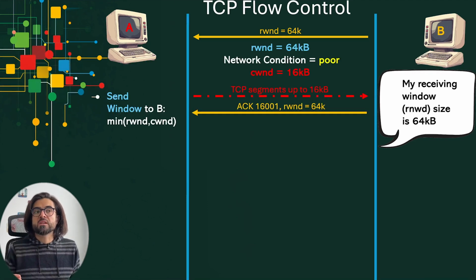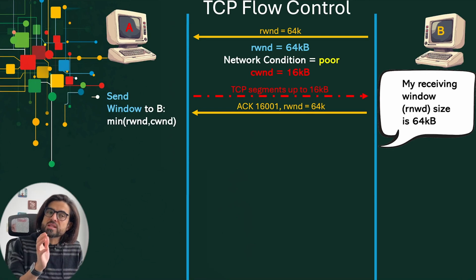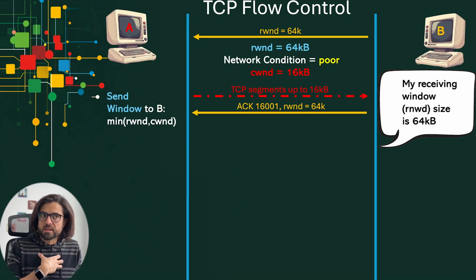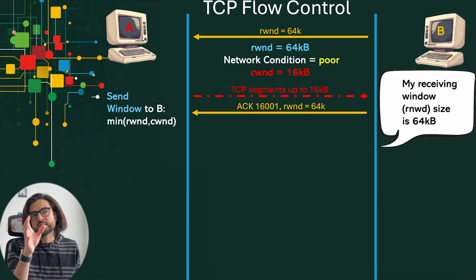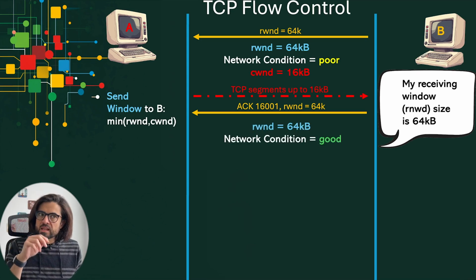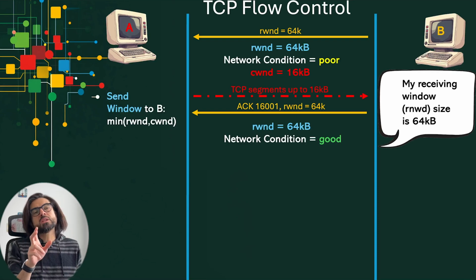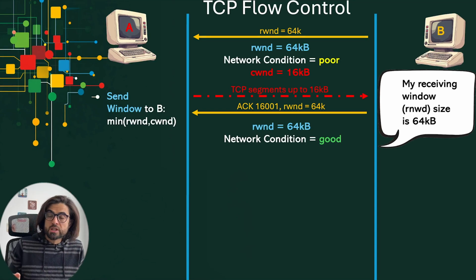Once it receives the acknowledgement, computer B says, okay, I received that, but my receiving window is 64K. And again, it checks, okay, the receiving window on the other end is 64K. The network condition now is better.